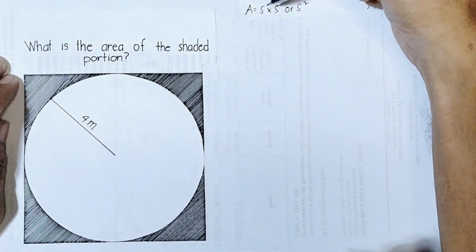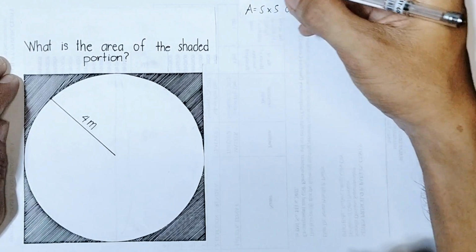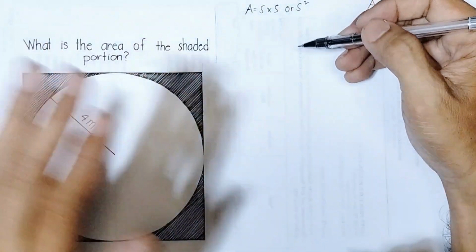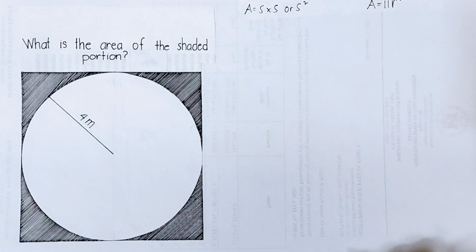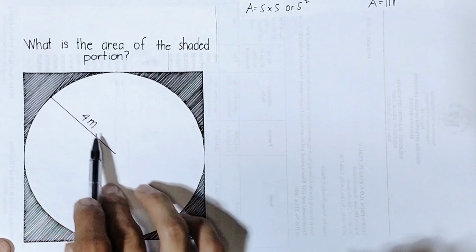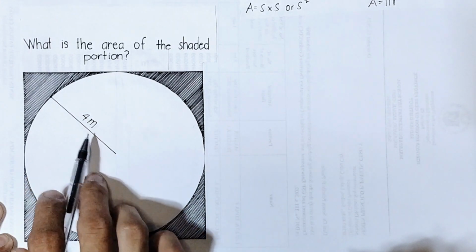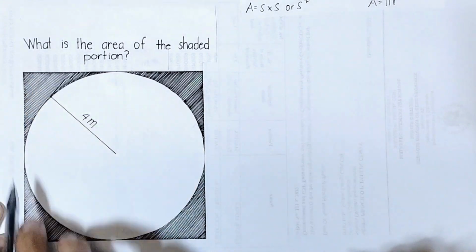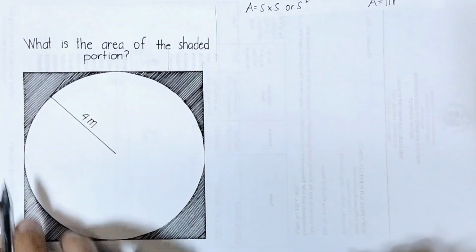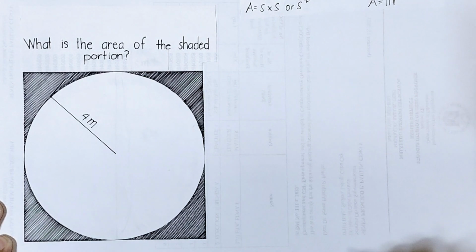First, we're gonna solve the area of a square, but the problem here is there's no dimension given for the sides of the square. We only have the dimension of the radius, which is equal to 4 meters. So we're gonna use this one to find the dimension of the sides of the square.